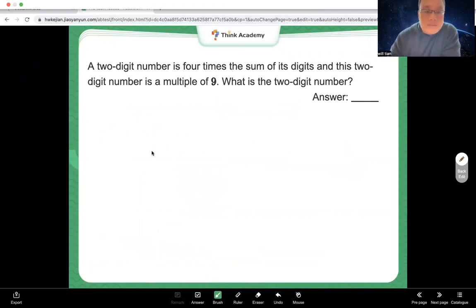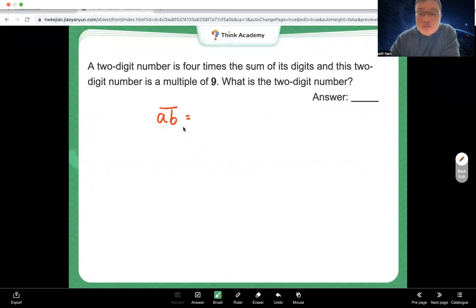A 2-digit number is 4 times the sum of its digits, and this 2-digit number is a multiple of 9. What is the 2-digit number? So guys, to solve this one, you can use the place value that we learned. You can set this number as AB.